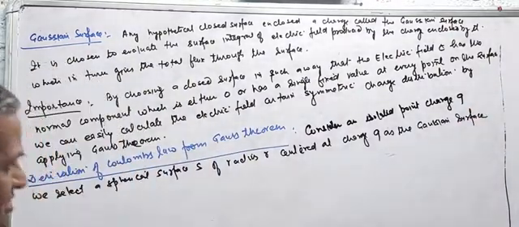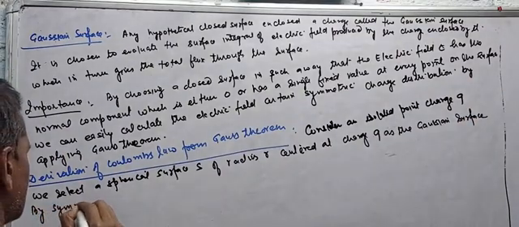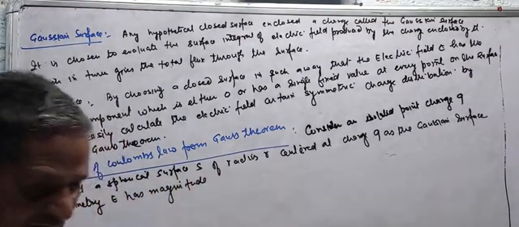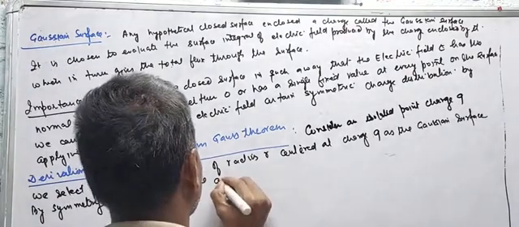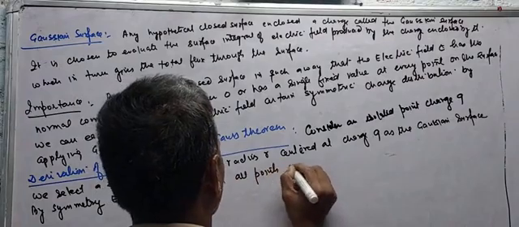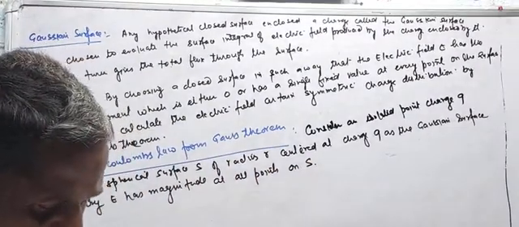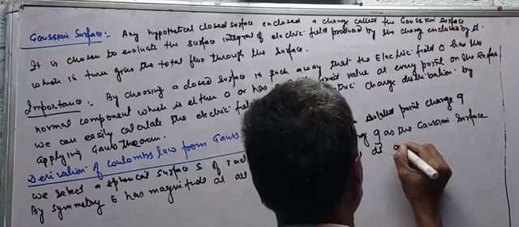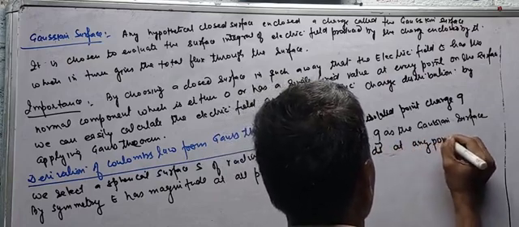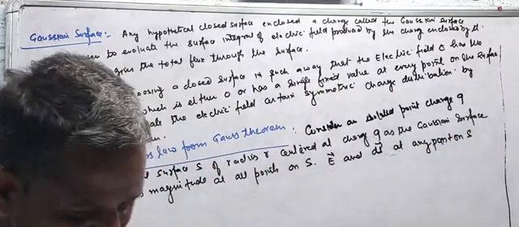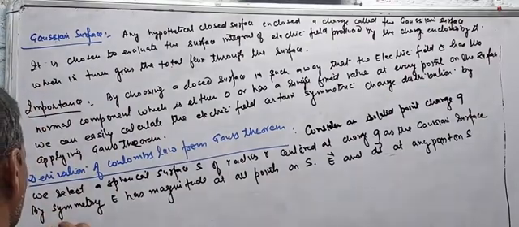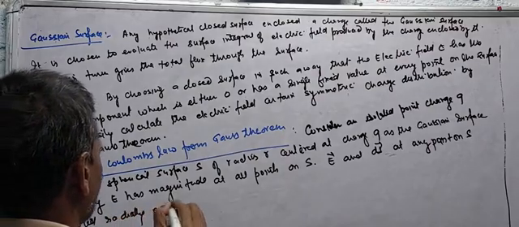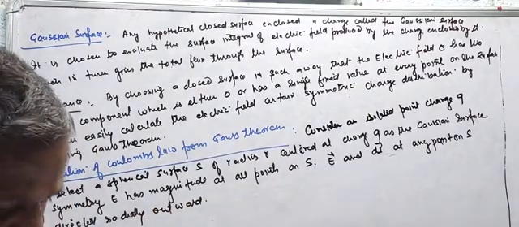By symmetry, E has the same magnitude at all points on surface S. E vector and dS vector at any point on S are directed radially outward.